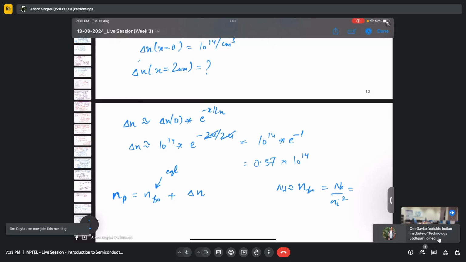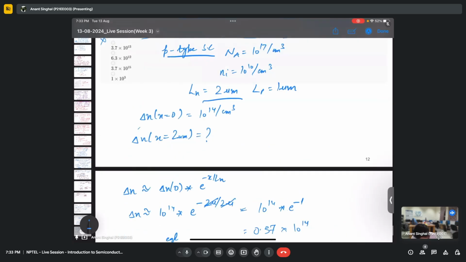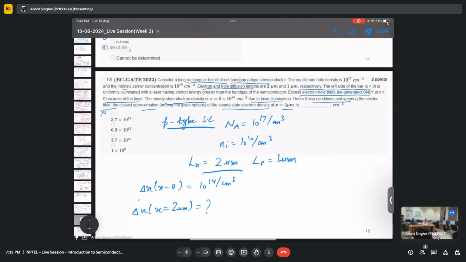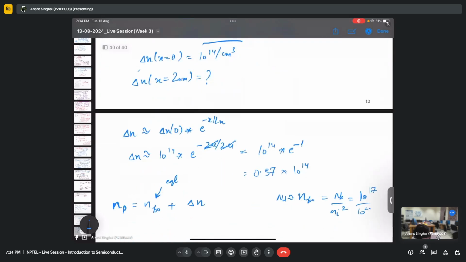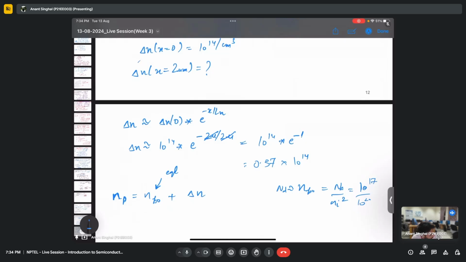So this is already given in the question, which is 10 raised to the power 17 for Na, and ni square is 10 raised to the power 20. Sorry, so this will be ni square by Na. So this is 10 raised to the power 20 by 17.